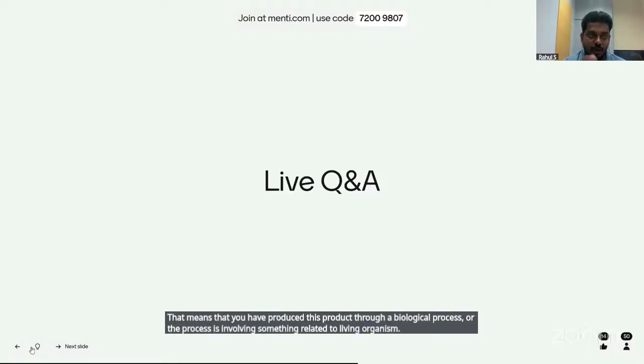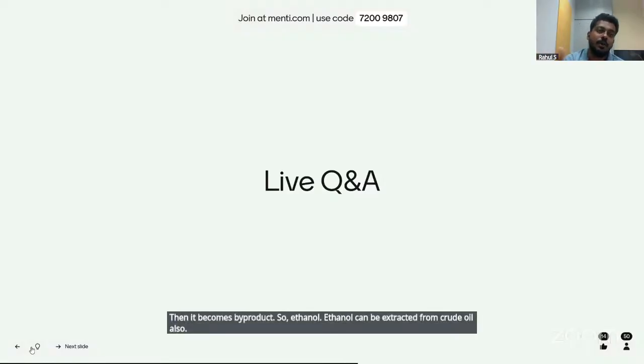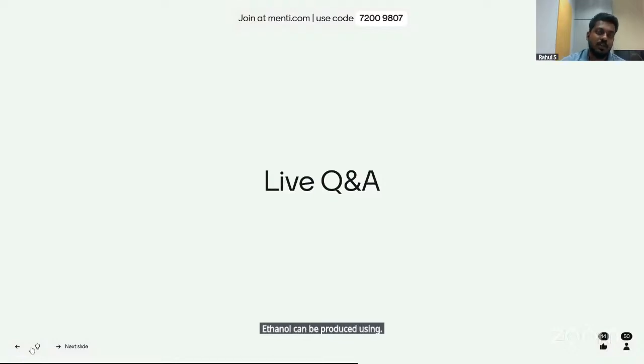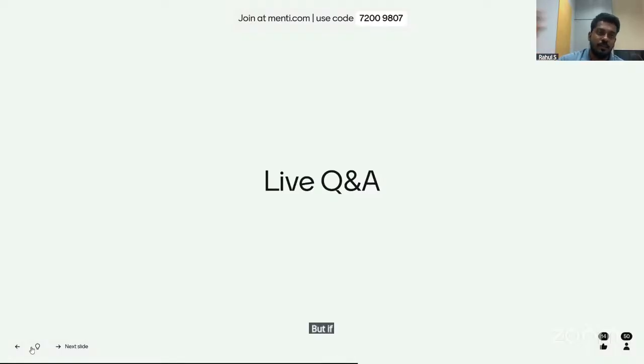Then it becomes a bioproduct. Ethanol can be extracted from crude oil also, and it can be produced using a fermentation process. If you produce ethanol using fermentation, it is bioethanol. But if you have taken it from crude oil, then it is not a bioprocess. So that's the idea I have.